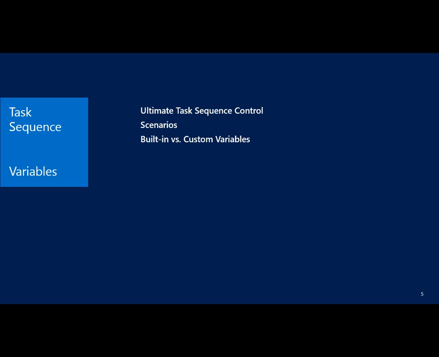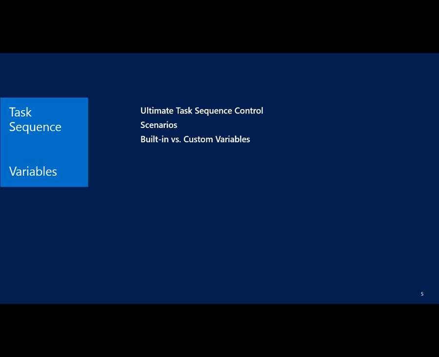But there are conditions where maybe you won't have something in the registry or file system or wherever that you can query, yet you want to control the flow of the task sequence. So variables really come into play, and variables are incredibly powerful in task sequencing to help you get to the end result, right? I call them the ultimate task sequence control.